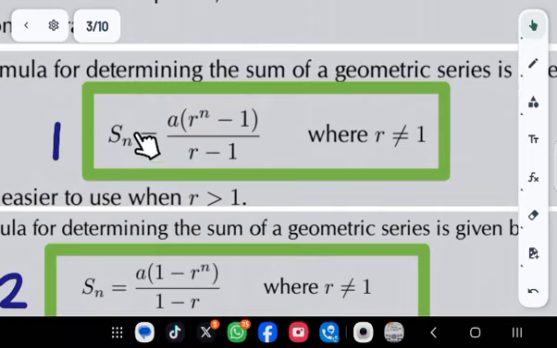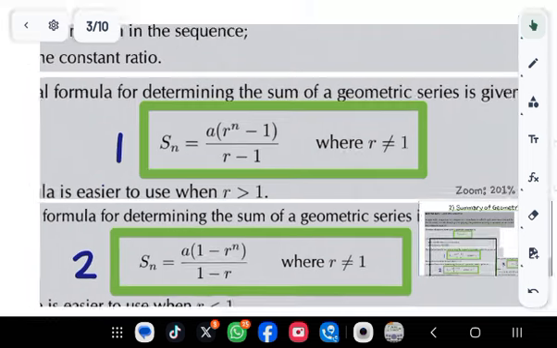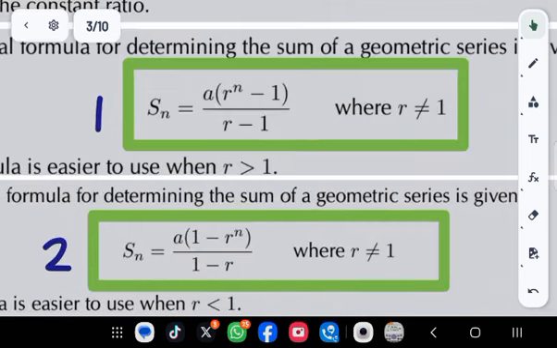The first scenario, the sum of the first n terms is a times (r to the power of n minus 1) all over r minus 1. You start with the r and then the 1 follows after that. You use this scenario when your constant ratio r is greater than 1. When r is less than 1, you use the second one.